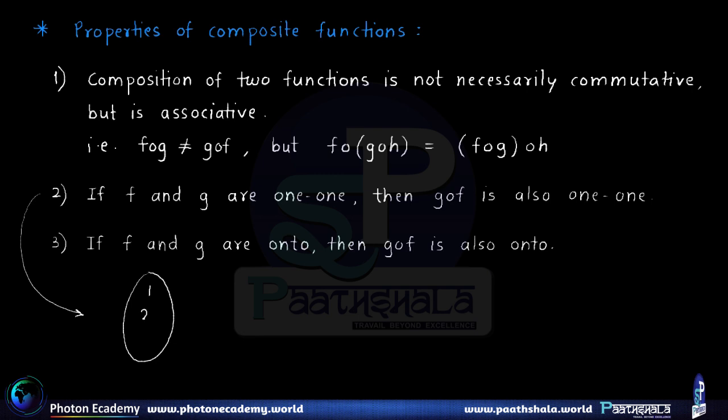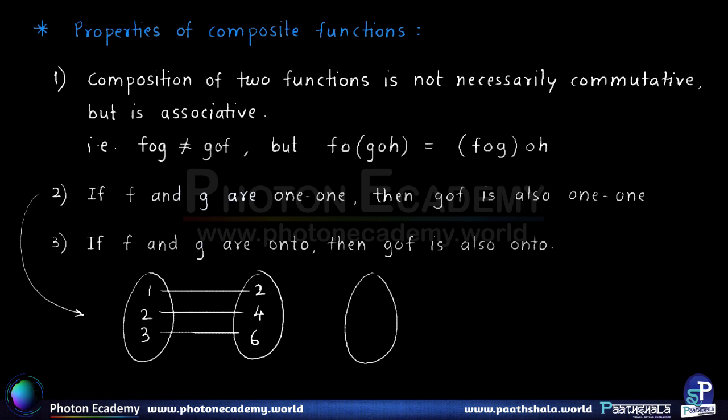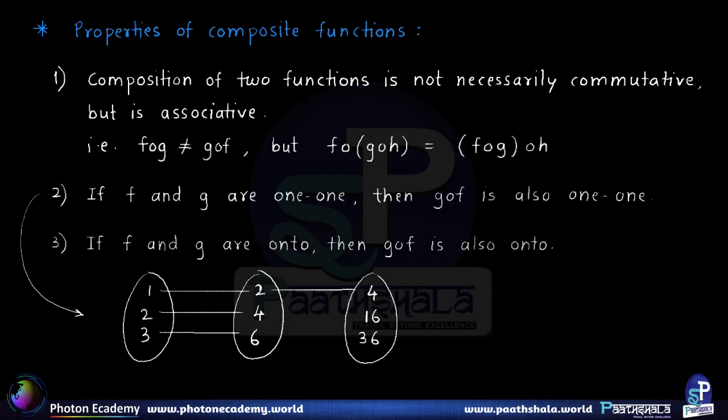Suppose the first set consists of 1, 2, 3, the second set consists of 2, 4, 6, and the third set consists of 4, 16 and 36. We observe that both the functions f and g are 1-1.